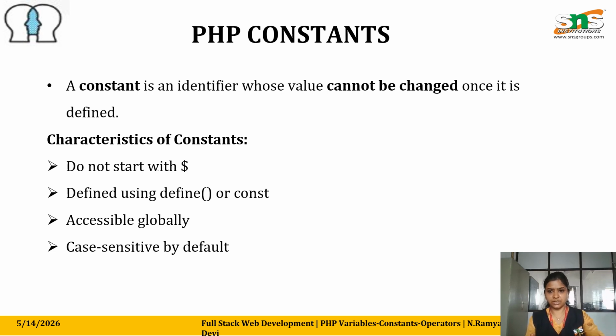And now we'll see what a constant is. A constant is an identifier whose value cannot be changed once it is defined, like values that remain fixed throughout the execution of a program. Unlike variables, their value cannot be changed once defined.